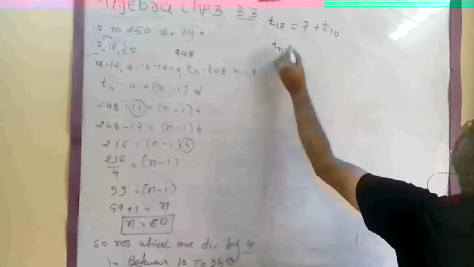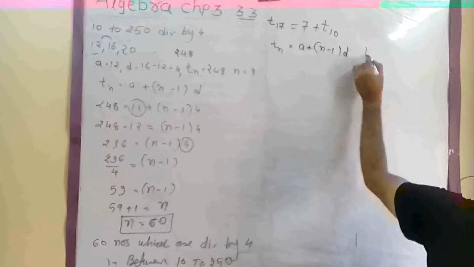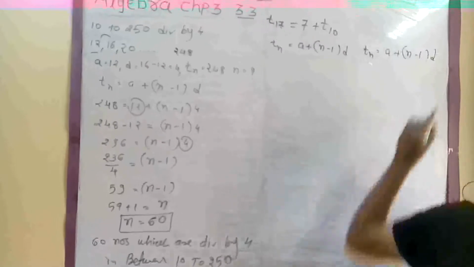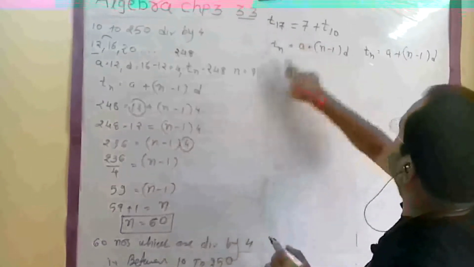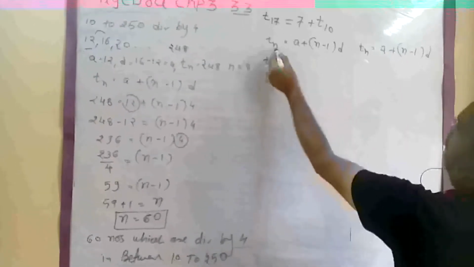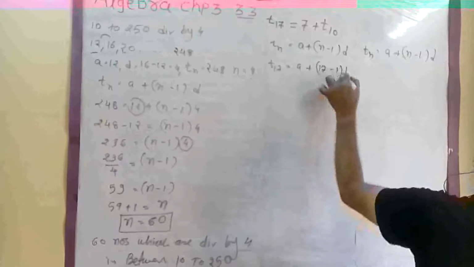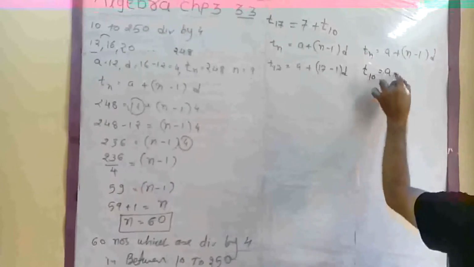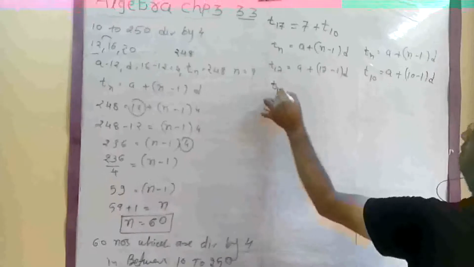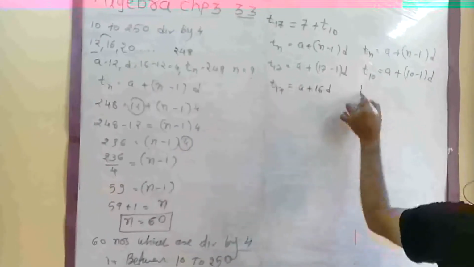So Tn is equal to A plus (n minus 1)D. Again Tn is A plus (n minus 1)D. The 17th and the 10th are given, that is why I have written it two times. So for T17, n is equal to 17, and for the 10th number, n is 10. Now T17: 17 minus 1, 16D.